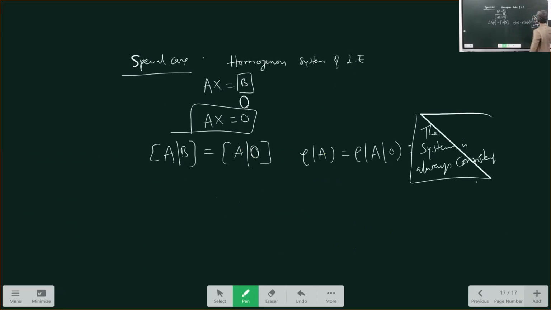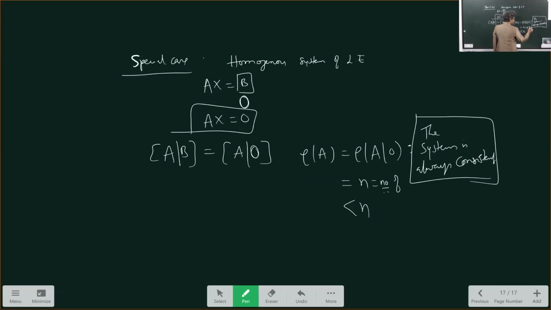Now the question is whether the rank is equal to n or less than n, where n is the number of unknowns. If it is equal to the number of unknowns, there exists a unique solution, which is the 0, 0, 0 solution.